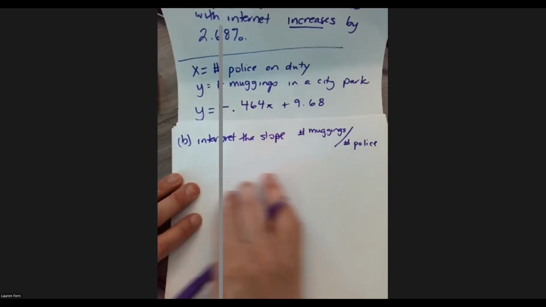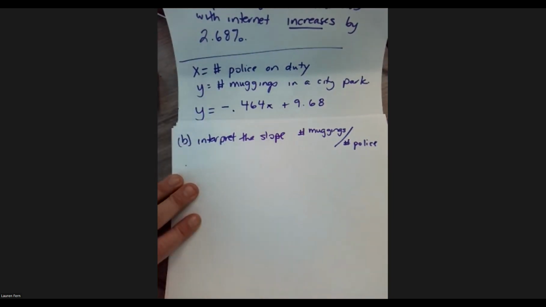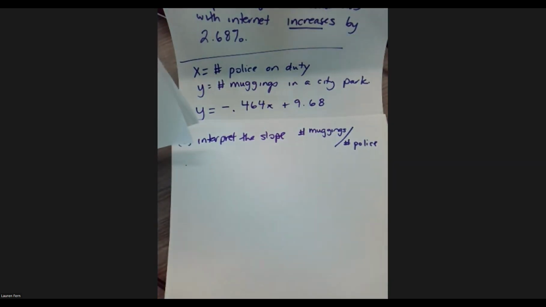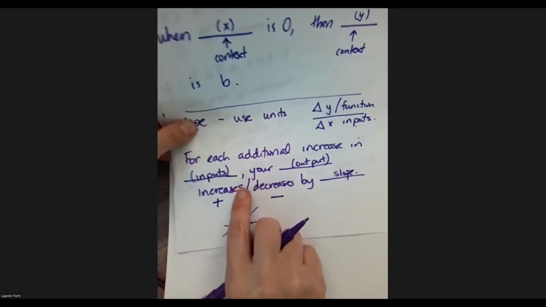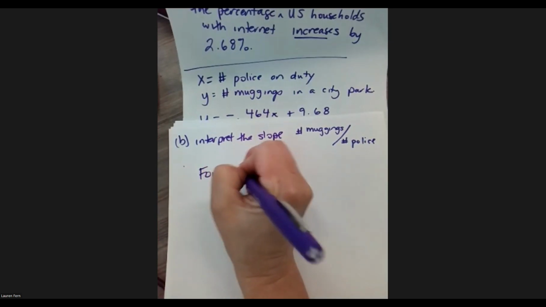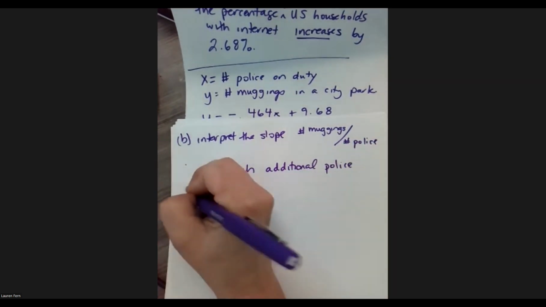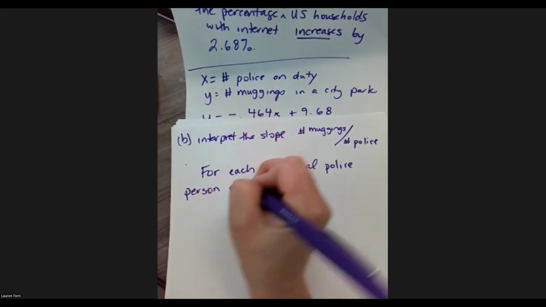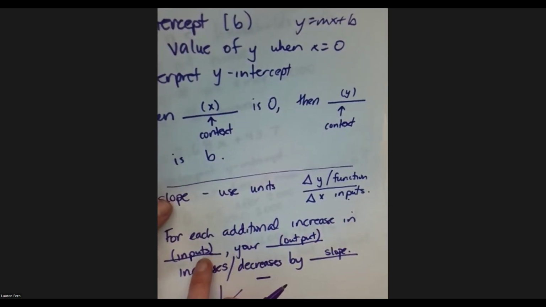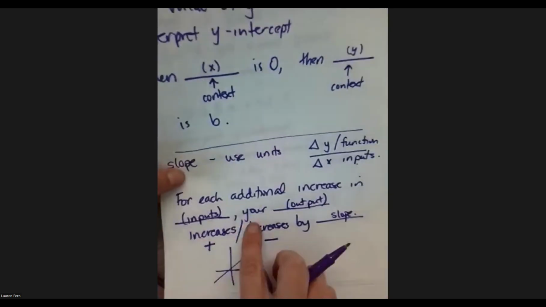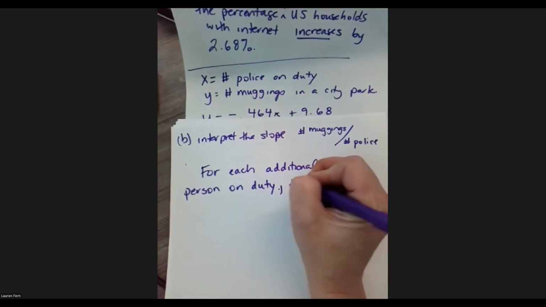Using that template, for each additional increase in our inputs, in other words, for each additional police person on duty, what happens to our output, the number of muggings?